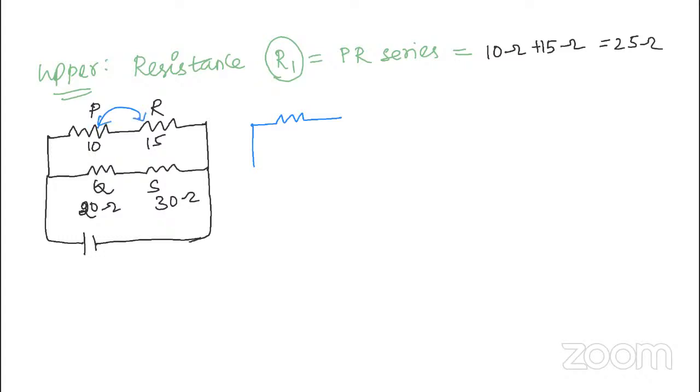We club it, similarly here we club the two resistances. When clubbed, we are getting here 25.